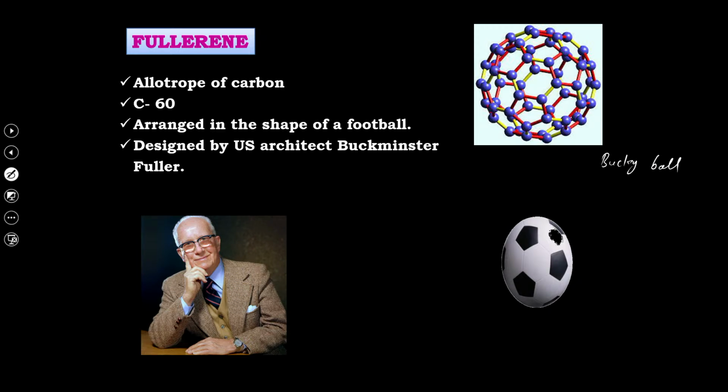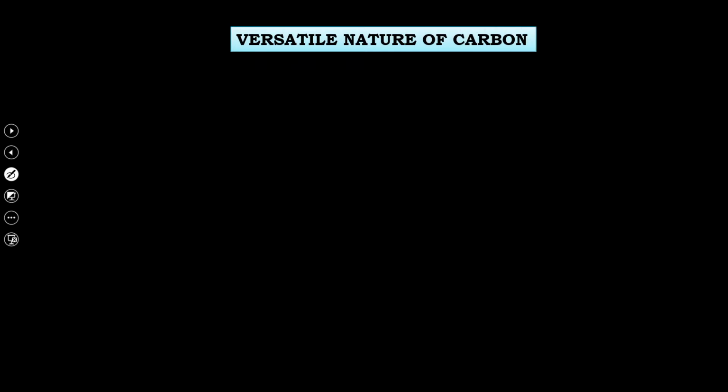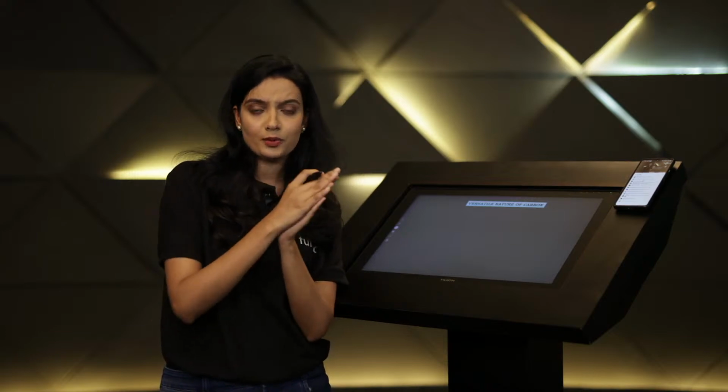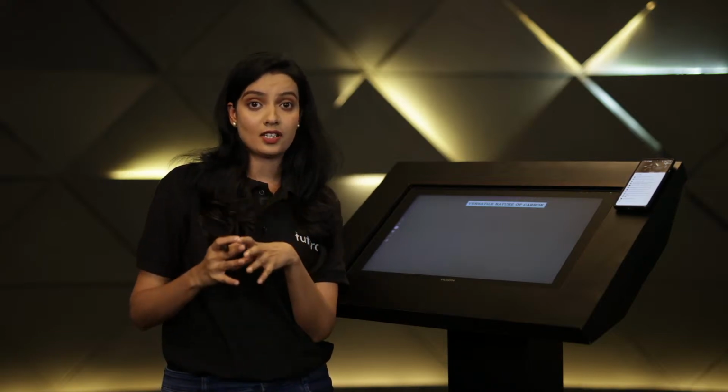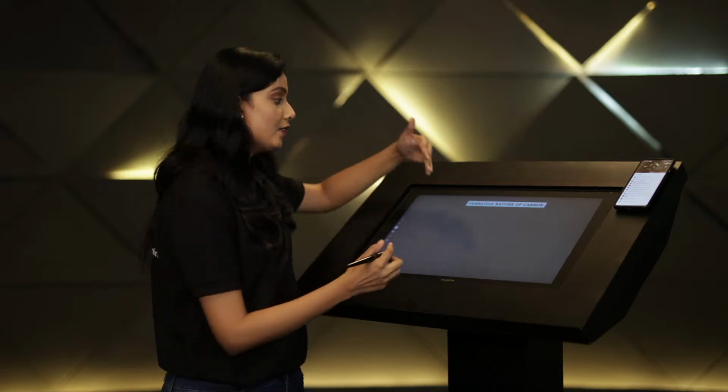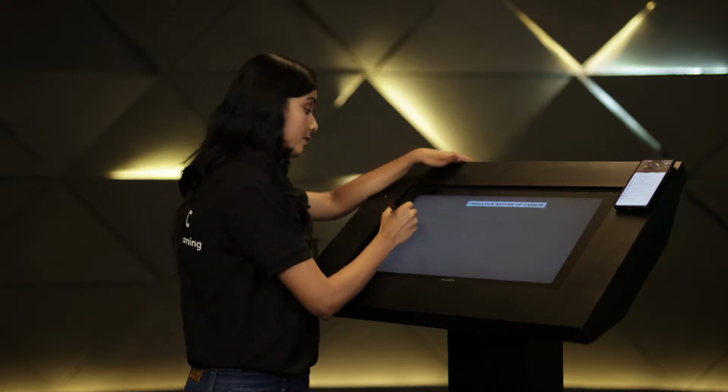Okay. Now moving towards the versatile nature of carbon, that means why carbon forms a large variety of compounds. So first, I told you that it possesses tetravalency, that means it can form 4 bonds. Now let us have a look at another versatile nature of carbon.